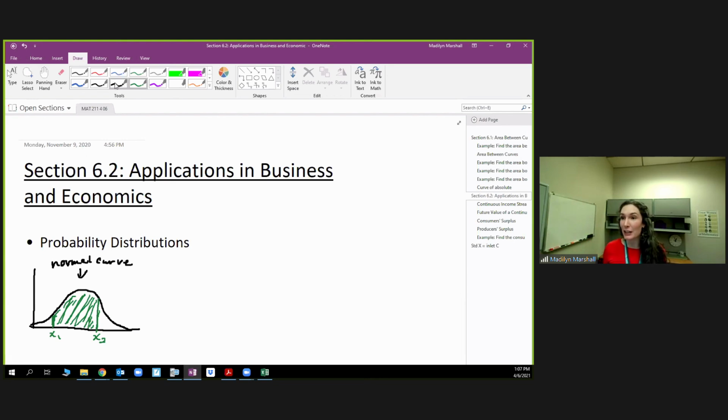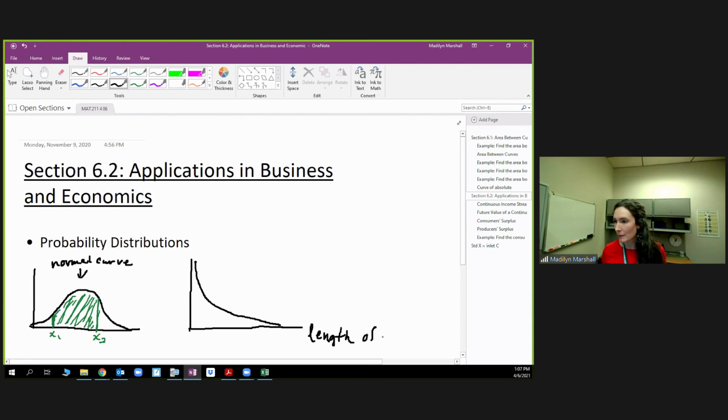But there are different probability distributions also. So that's the normal curve. A common one is like the length of a phone call. This curve would say that most phone calls are pretty short, a few minutes long.